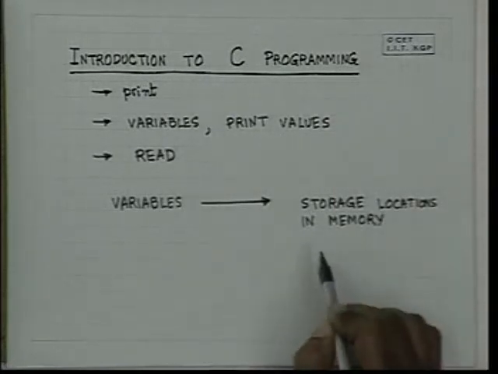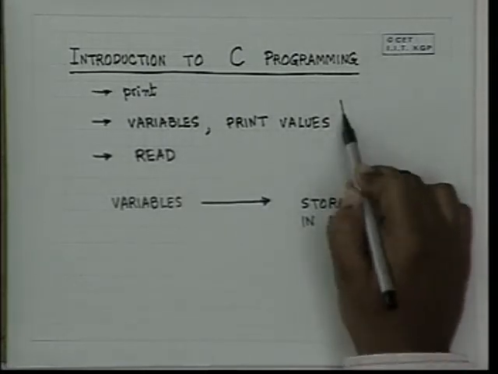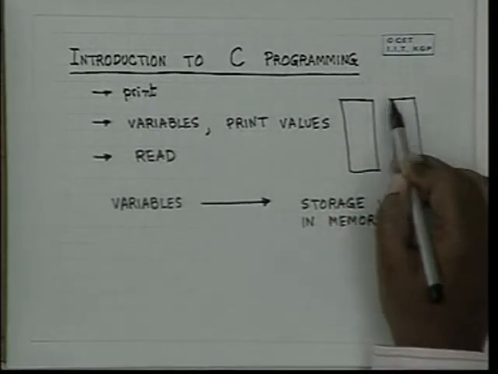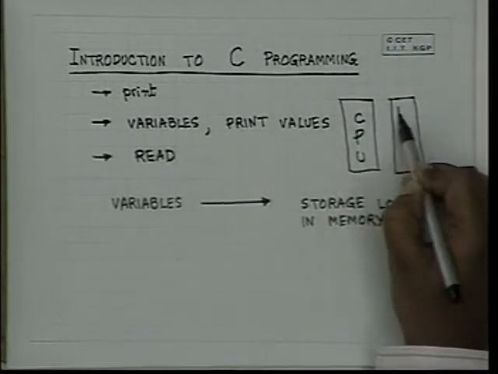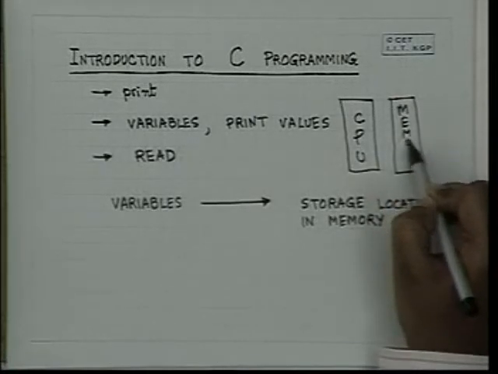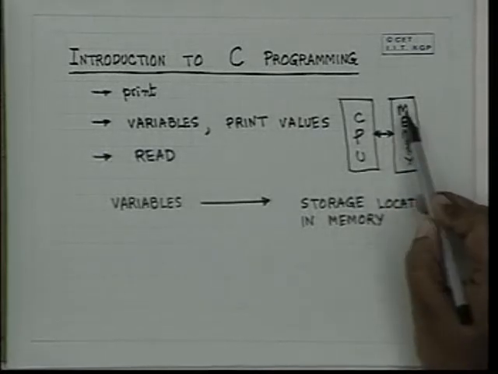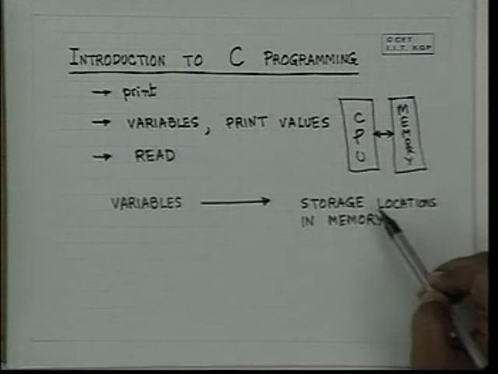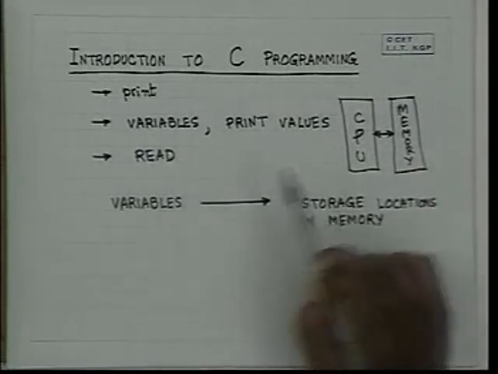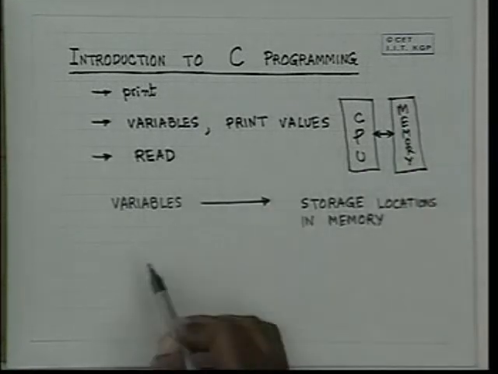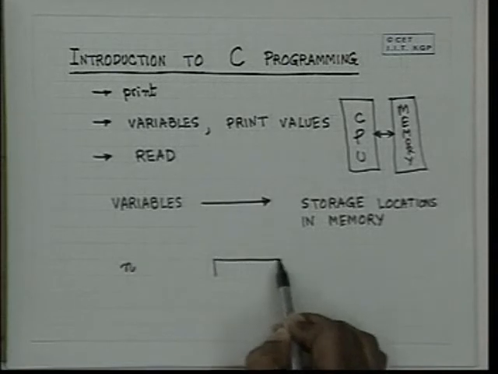So the computer, with the simple von Neumann architecture, can be looked upon as the CPU and the memory, and here the program as well as the data is stored. Corresponding to the variables, data are stored in the memory. So corresponding to every variable n, you have a memory location.